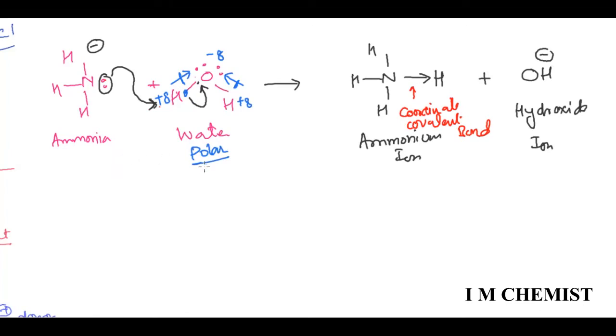Sir, H2O. So the species that can donate a proton would act as an acid. So water acts as an acid. And which species has accepted the proton? NH3. So that is why ammonia acts as a base. This is the concept of Lowry and Bronsted.